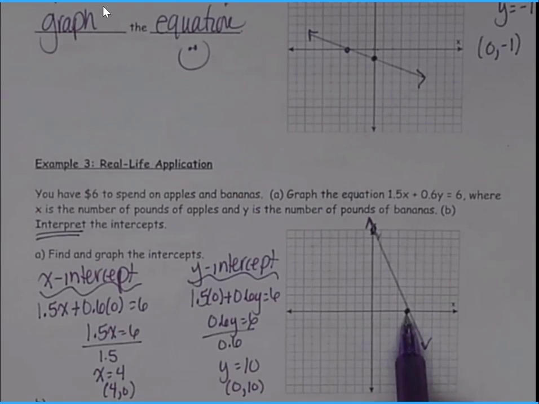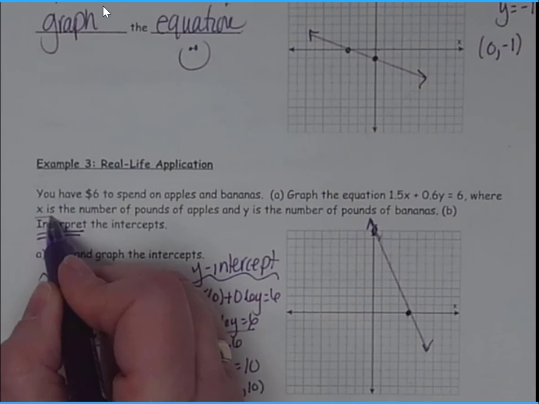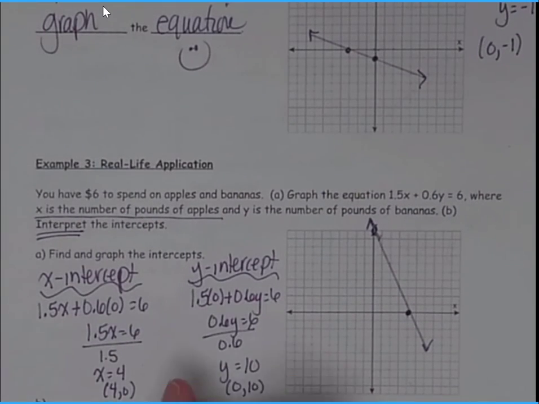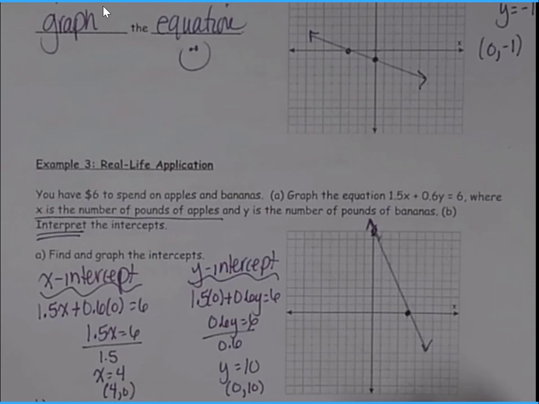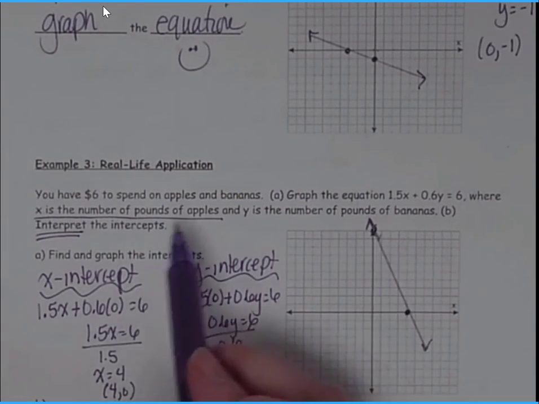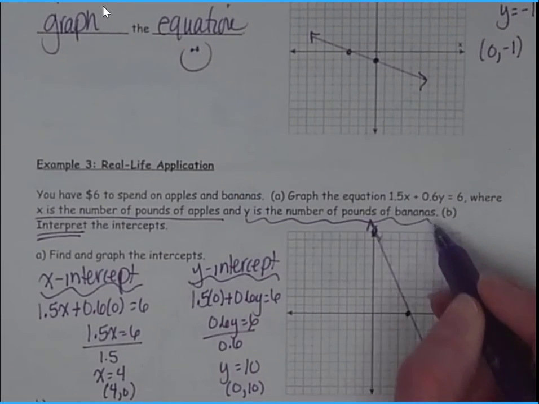Since the next part is to interpret the intercepts, my x-intercept right here: x is the number of pounds of apples. So that means I can have 4 pounds of apples and no bananas. Now my y-intercept, this one is 10, and my y is the number of pounds of bananas.